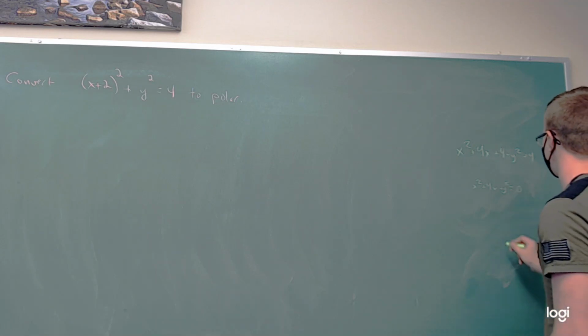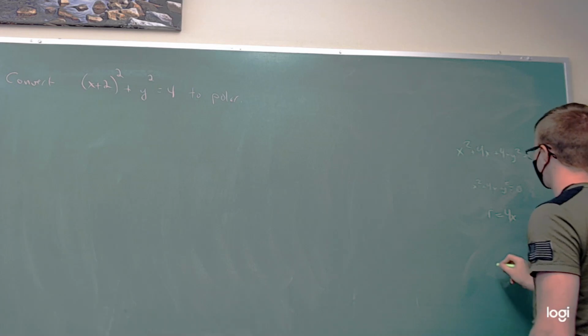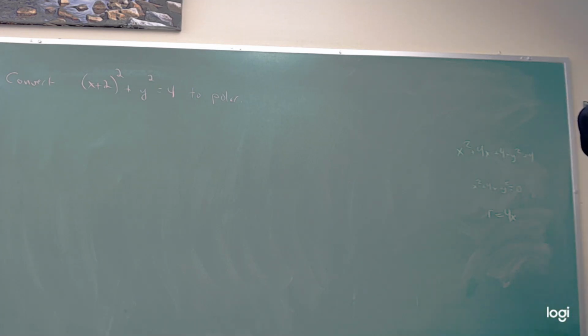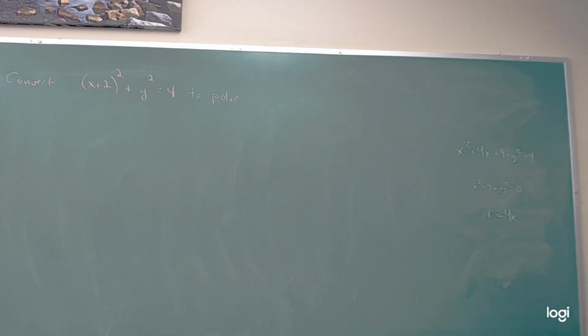Now you just got to get your hands dirty there and trade the x's in for r cosine thetas and the y's in for r sine thetas, unless you can very cleverly recognize there's an x squared plus y squared there. Colton was very clever over there. But you can do it without that.